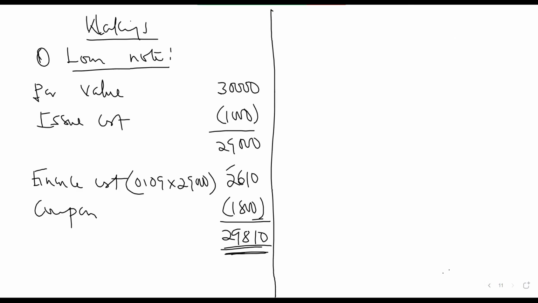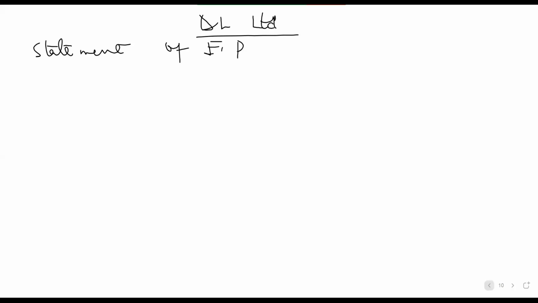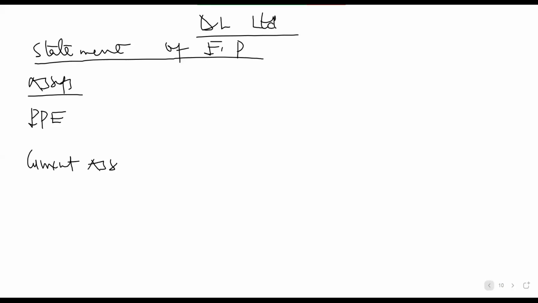Okay. So if we are doing the statement of financial position, this will be the figure that will come. So let's start the statement of financial position for the company. I'll have my assets, then PPE over here, then my current assets.